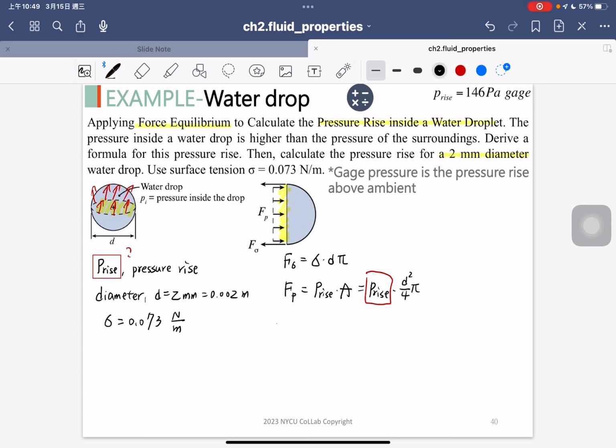So the surface tension force, sigma d pi, will equal the pressure rise multiplied by the 4d squared pi. And we can cancel out the same terms. Cancel out the pi, and we have 1 times d and only 1.